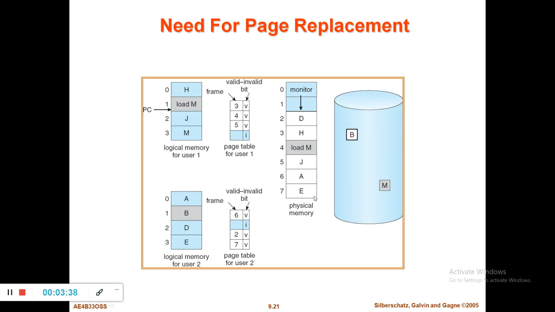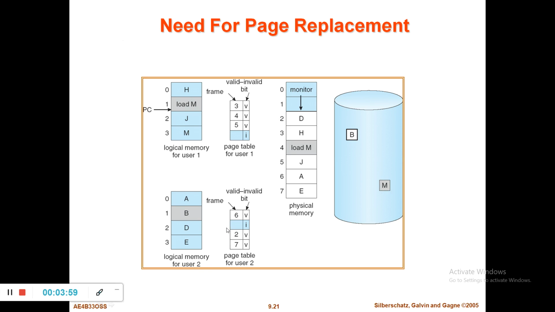Which pages are there? A, D, E are there. B is not in the memory. B and M are in the backing store. Now if any of the users requests a page, consider user 2, page B is not in the memory.